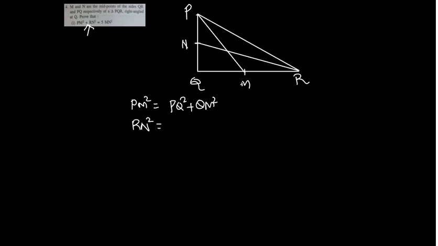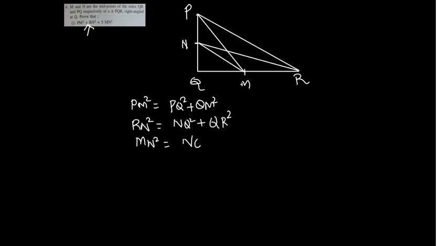First one and the second one, add 1 plus 2. So you got PM squared plus RN squared equal to PQ squared plus QM squared plus NQ squared plus QR squared. Correct?